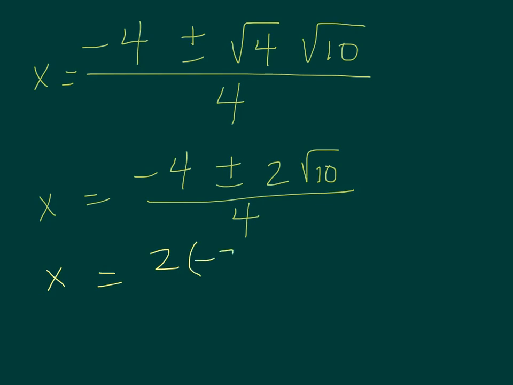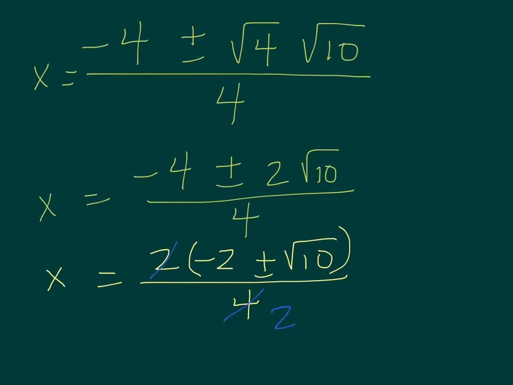So 2 times negative 2 plus or minus the square root of 10, and that's all over 4 still. So if we reduce, then the 2 and the 4 would reduce down to leave a 2. So in reduced form, written in the usual way that these answers are left, we would end up with x equals negative 2 plus or minus the square root of 10 all over 2.